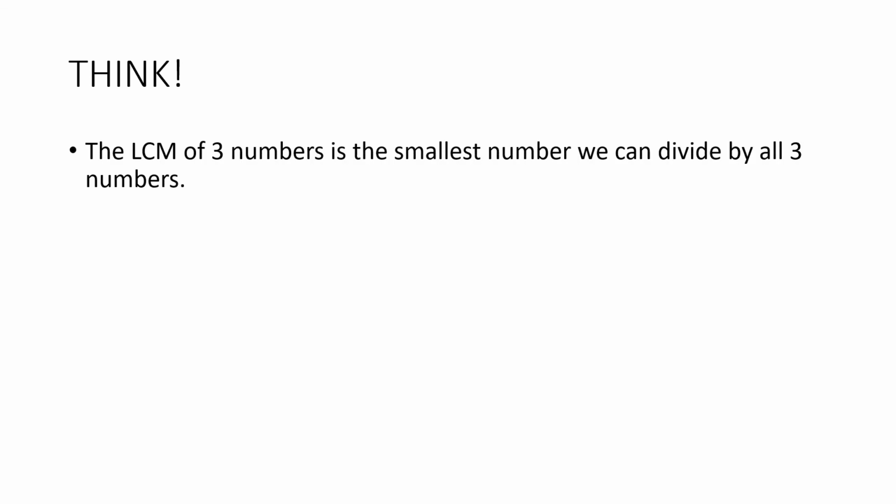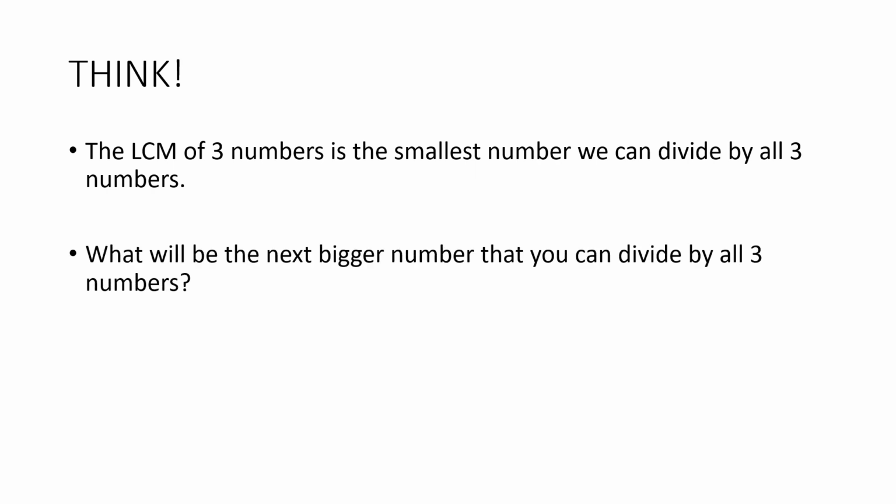When you are doing problem number 4, think. The LCM of 3 numbers is the smallest number we can divide by all 3 numbers, right? So for example, when we are looking at 12 and 16, we found that the LCM was 48 and it was the smallest number we could divide by both numbers. Now we're looking at three numbers.